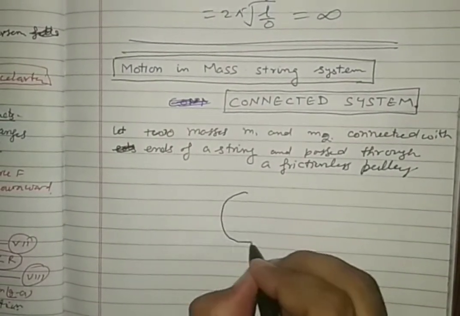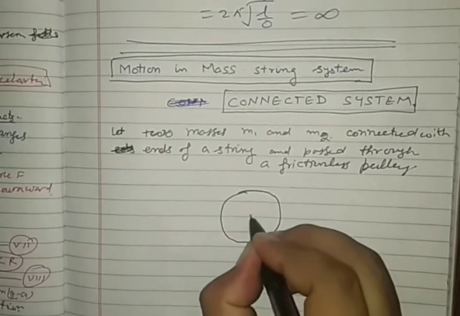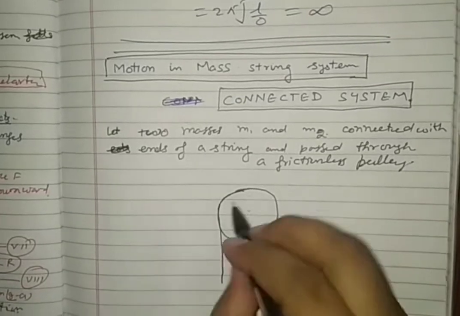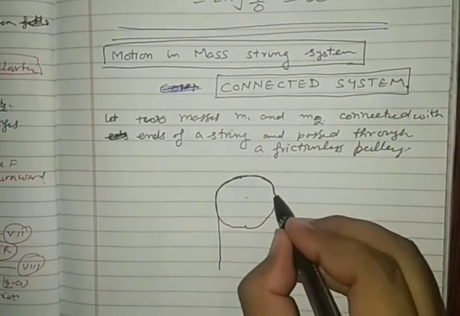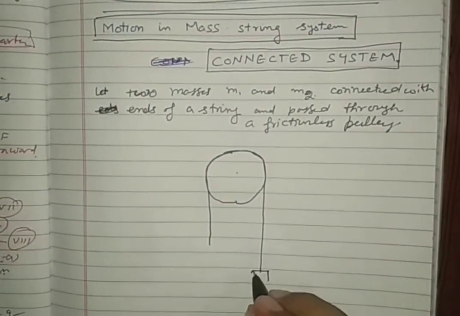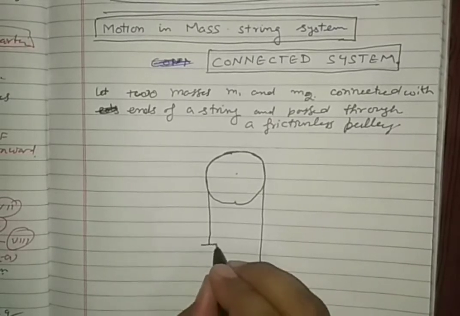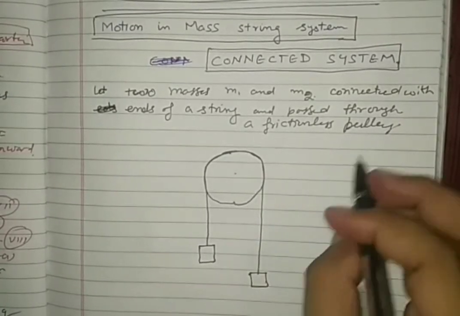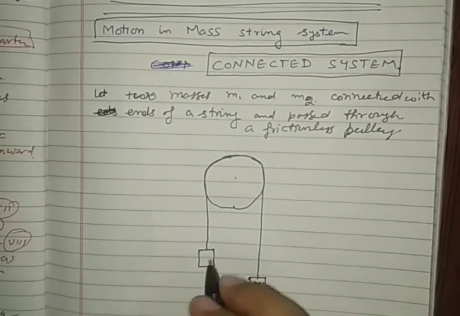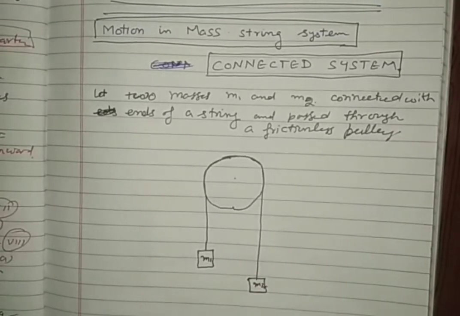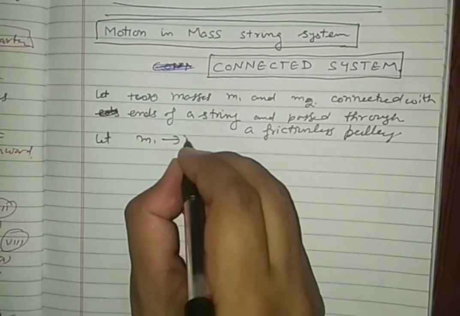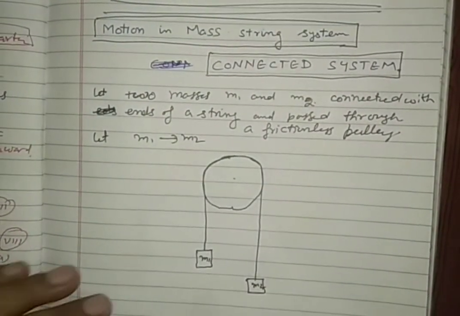Here is a frictionless pulley, and a string passes over this frictionless pulley. Two masses, M2 and M1, are connected with it. Let M1 be greater than M2 in this case.